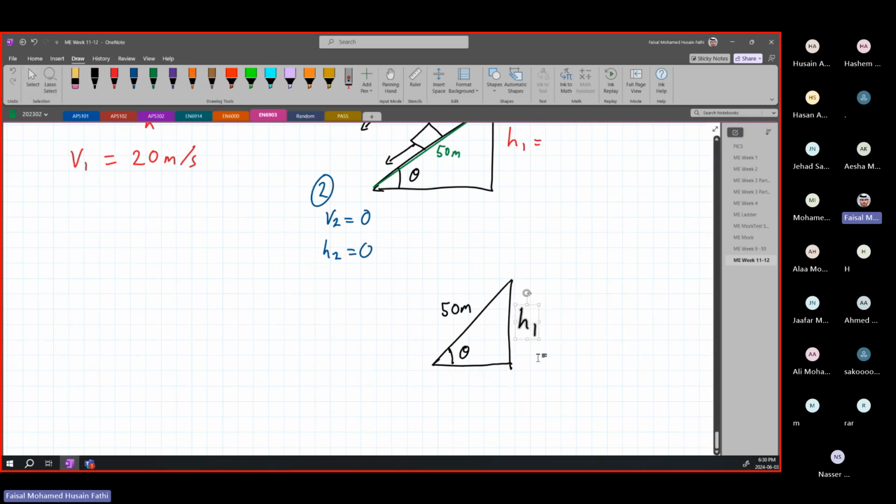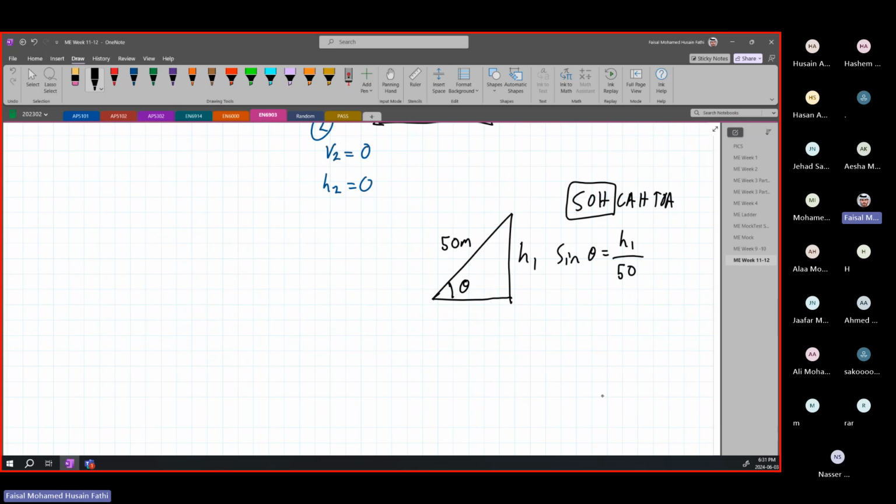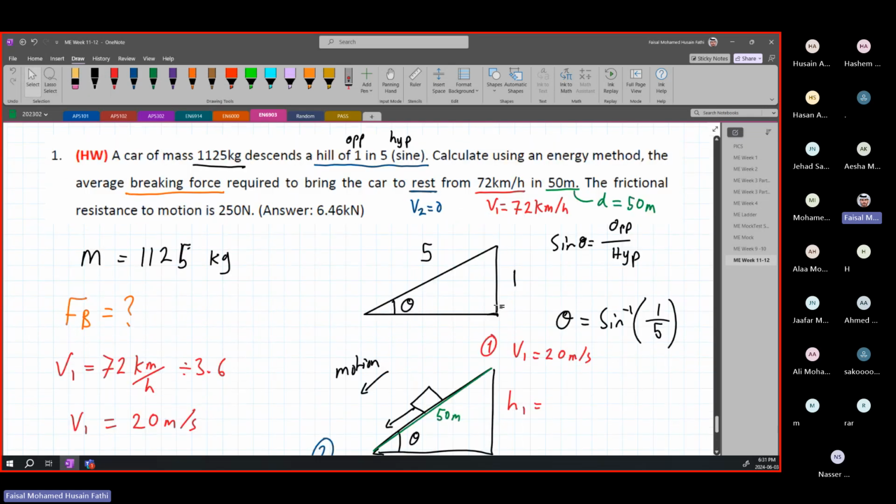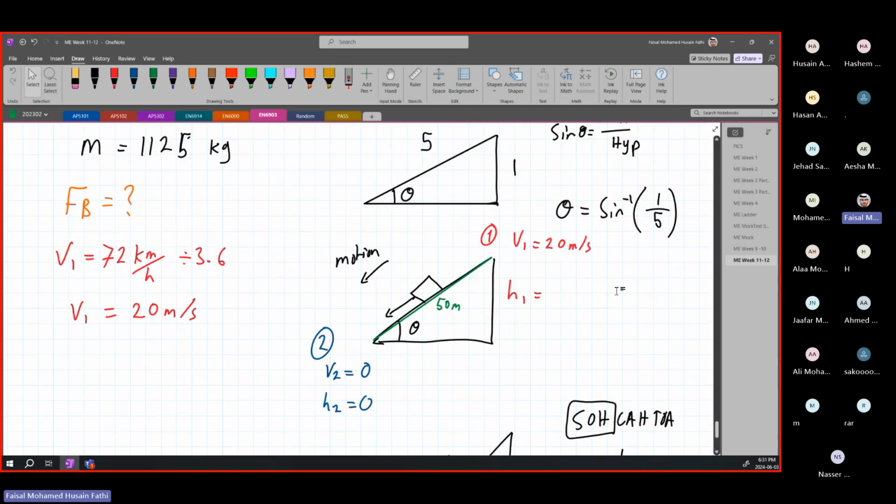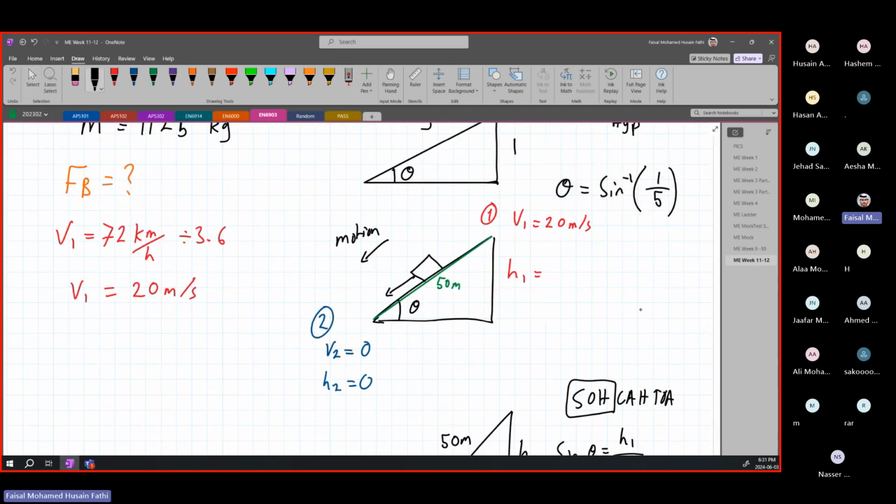How can we find the value of h1? Very simple. We have opposite and hypotenuse, so we're going to be using sine. Sine of theta is equal to opposite, which is h1, over 50, which is the hypotenuse. So now we have the angle theta, but we need to find this in terms of h1. So h1 is equal to 50 sine theta. And theta, we calculated it earlier. Actually, I didn't do the calculation, but it is sine inverse of 1 over 5.